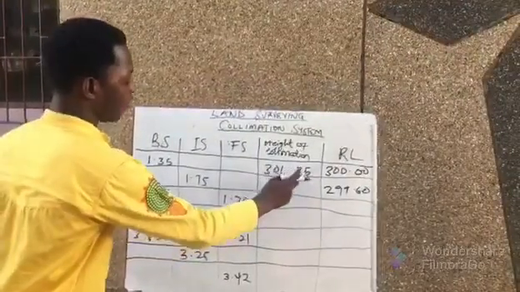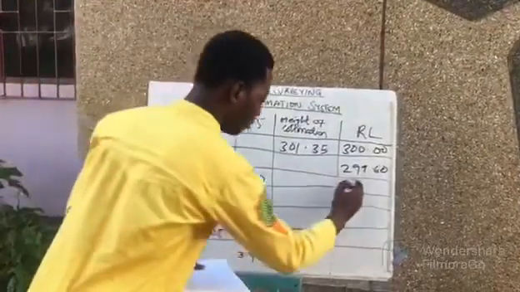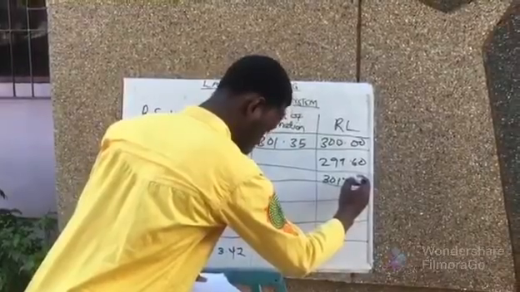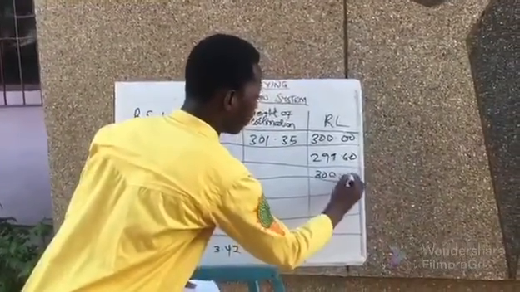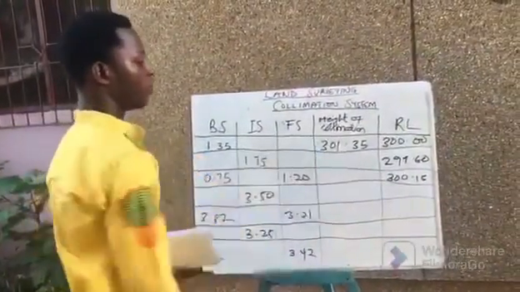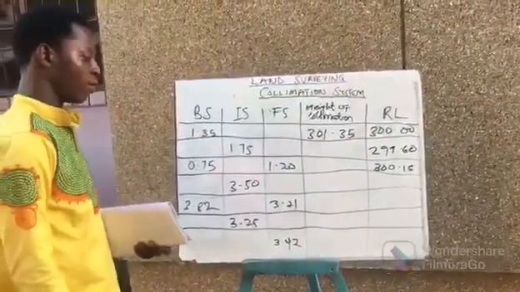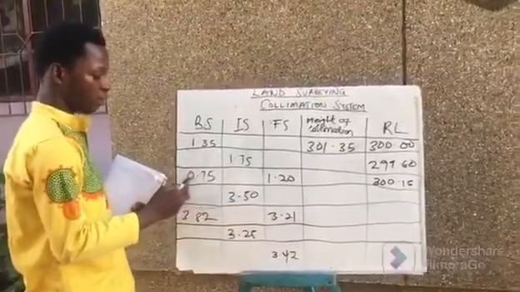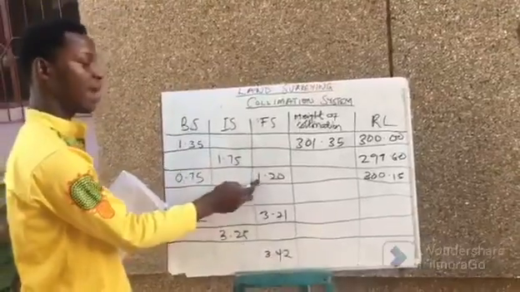So 301.35 minus 1.20 will give you 300.15. But from here, we could see that there was a change of instrument after the third reading.